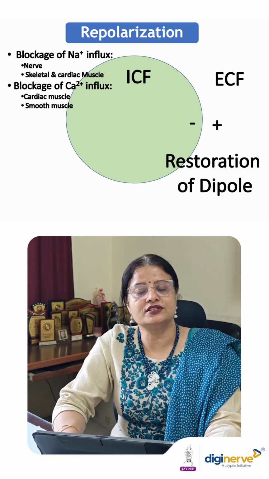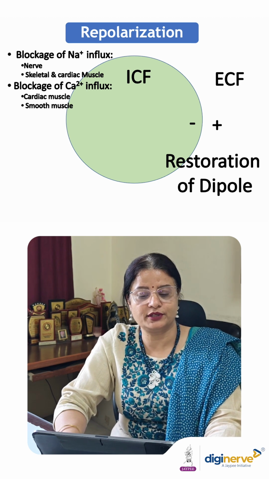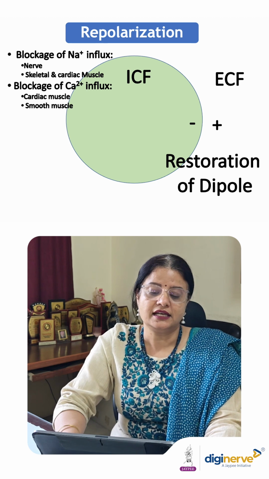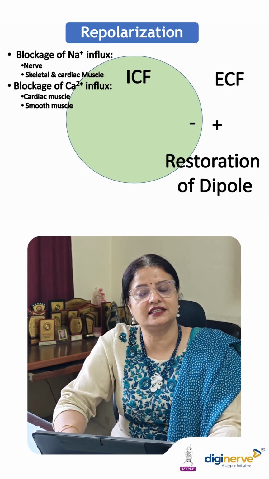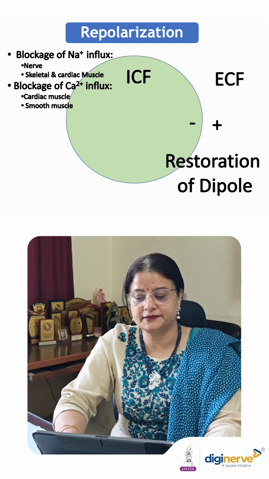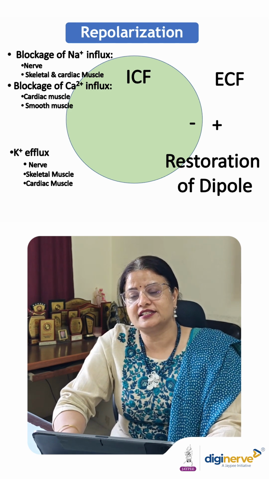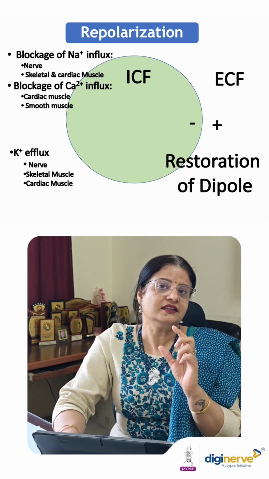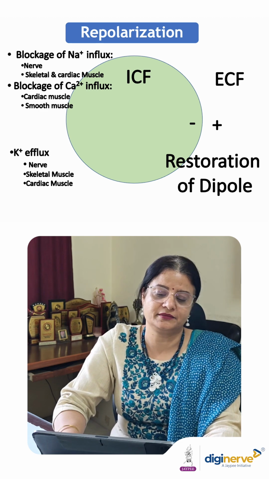This happens because of the blockage of the sodium influx at the peak of the spike potential in the nerve, skeletal muscle and cardiac muscle. Or we can even have the blockage of the calcium influx as we see in the cardiac muscle or the smooth muscle. The potassium efflux begins during the phase of repolarization, and this is the main ion which causes the repolarization. So this happens in nerve, skeletal muscle and cardiac muscle.